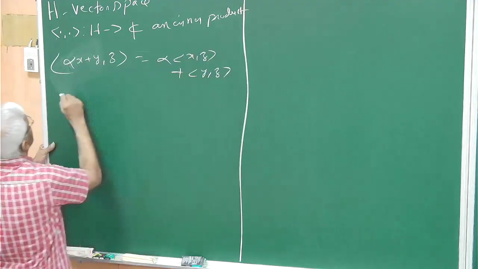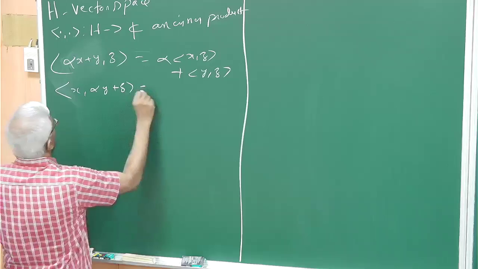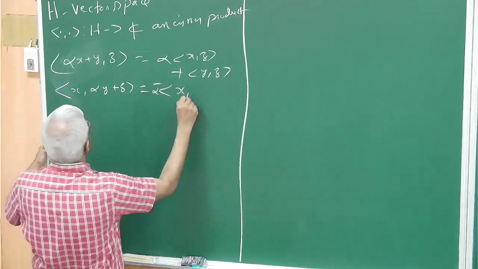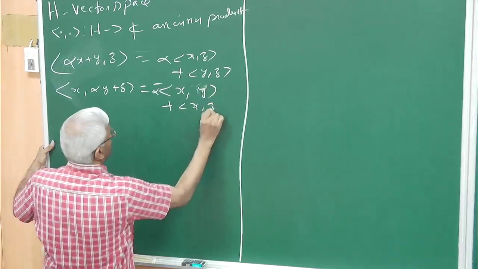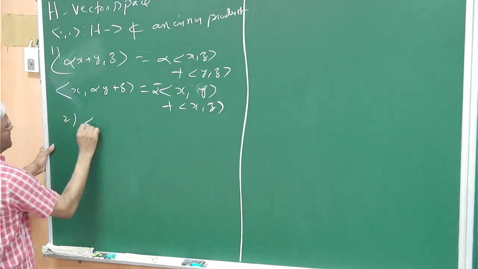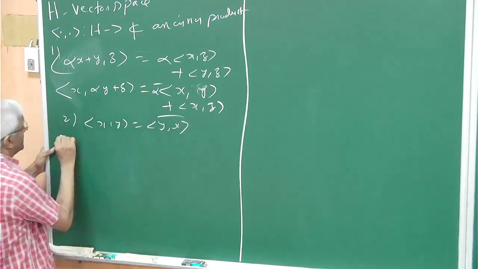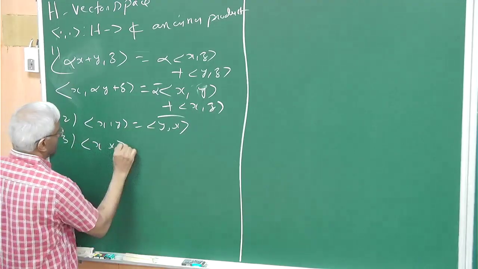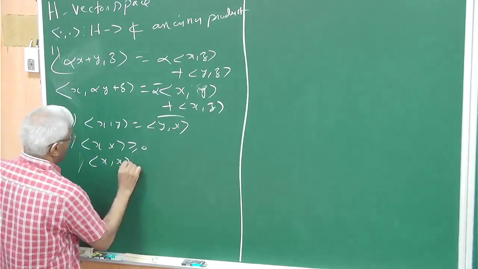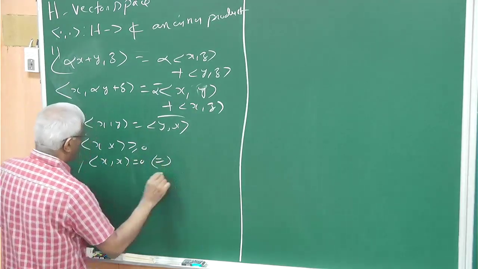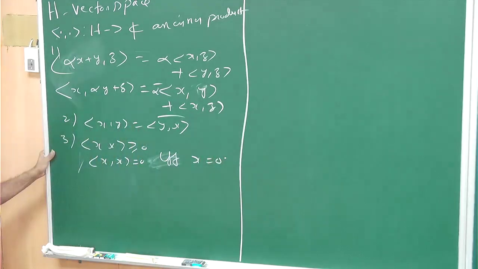Alpha <x,z> plus <y,z>. And similarly, <x, alpha y plus z> equals alpha bar <x,y> plus <x,z>. The second property is <x,y> is equal to <y,x> bar. Then <x,x> is greater than or equal to 0, and <x,x> equals 0 if and only if x equals 0, the zero element.